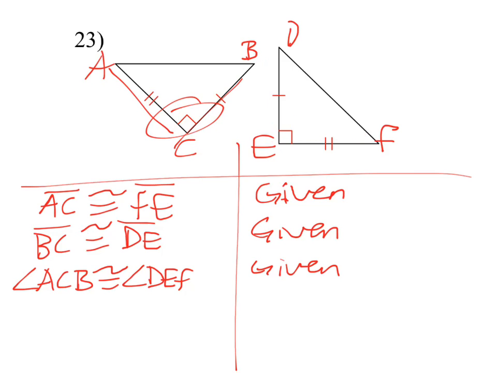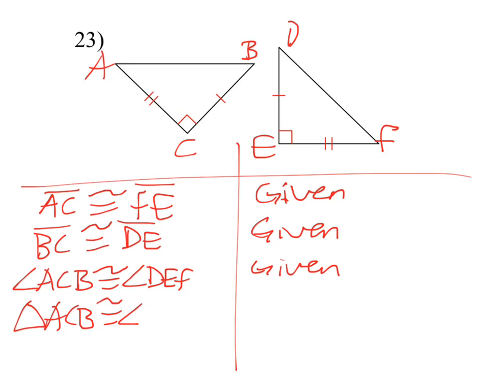That's going to give you side, angle, side. So the two triangles, ACB congruent to triangle FED by side, angle, side. Remember, I went along the 2 side first, so I had to follow that when I write the next one. So that one's side, angle, side.